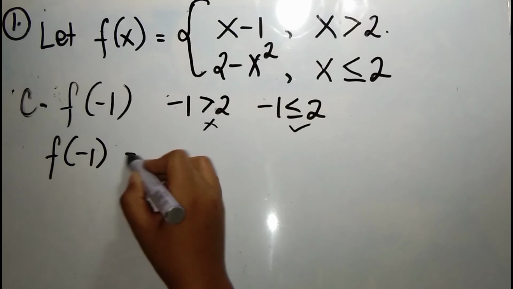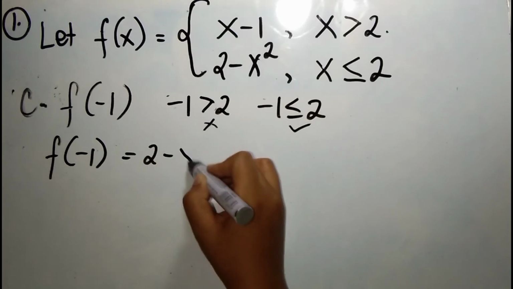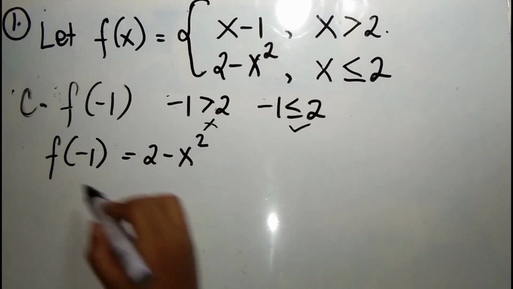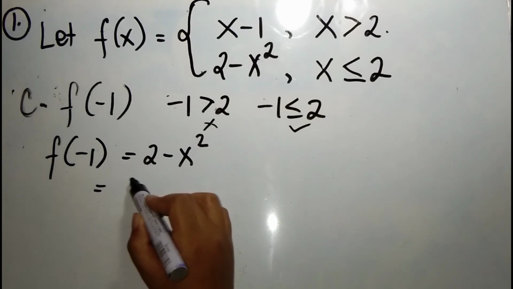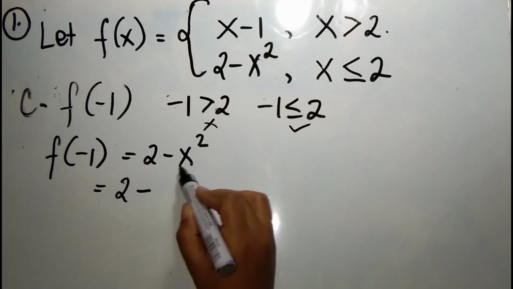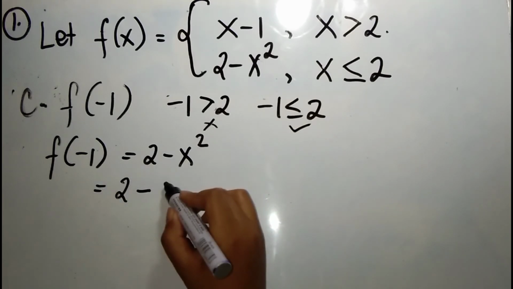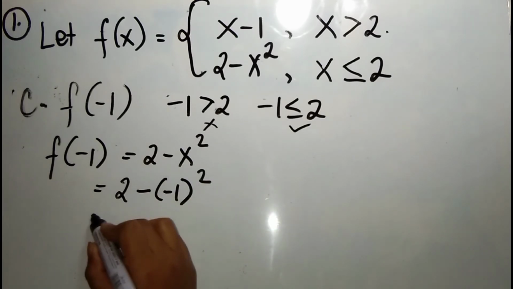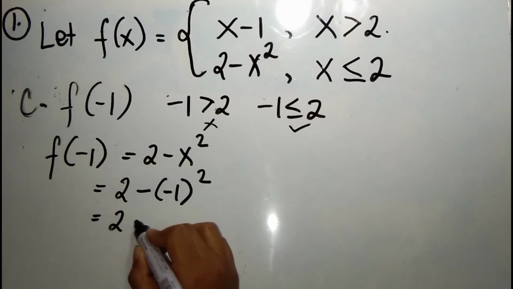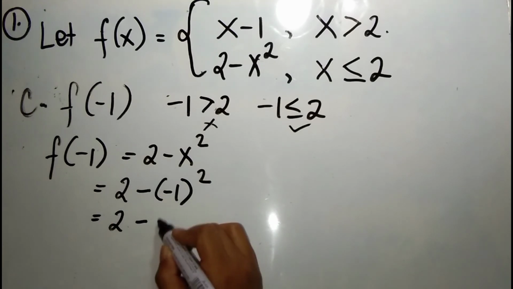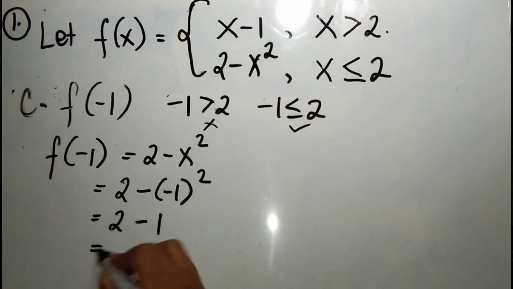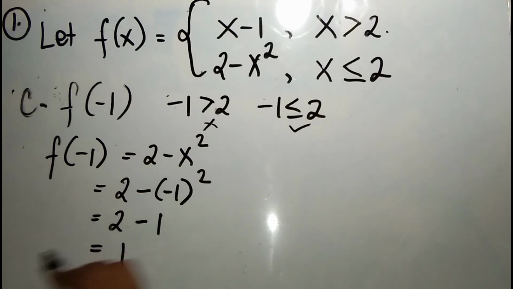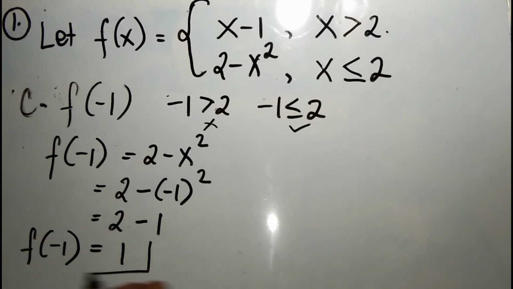So, gagamitin natin yung function na 2 minus x squared. So, f of negative 1 is equal to 2 minus x squared. 2 minus, isubstitute po natin yung negative 1 sa x, which is magiging 2 minus 1. So, f of negative 1 is equal to 1.